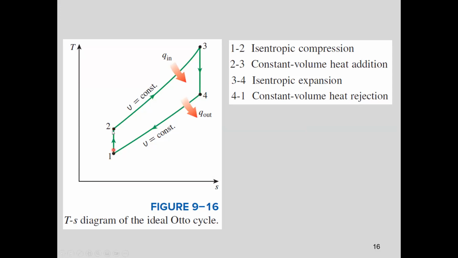Isentropic means entropy is constant, reversible and adiabatic. 2 to 3 is constant volume heat addition. 3 to 4 is isentropic expansion. 4 to 1 is constant volume heat rejection. These are the 4 processes for the ideal Otto cycle.